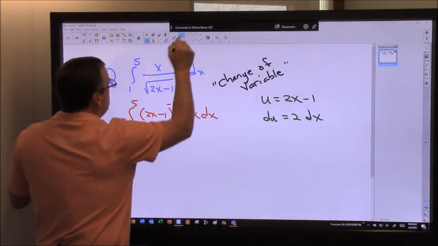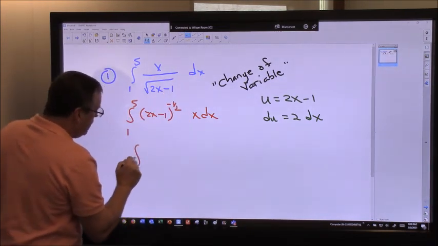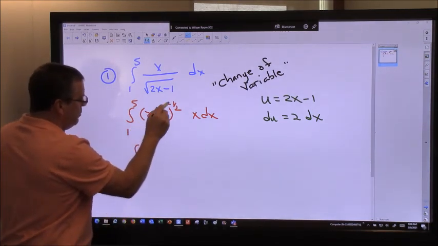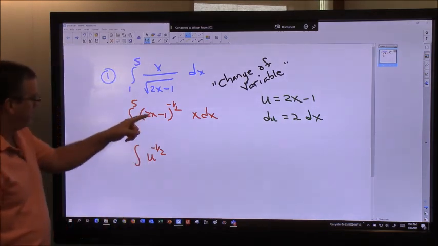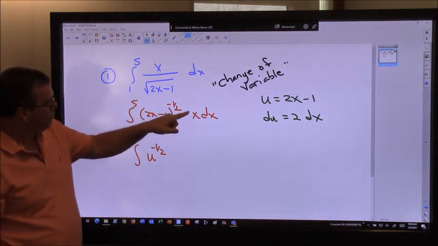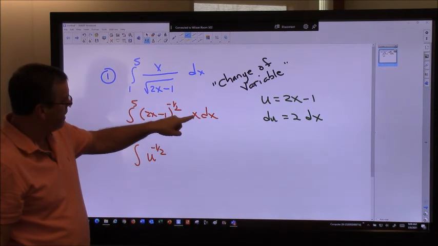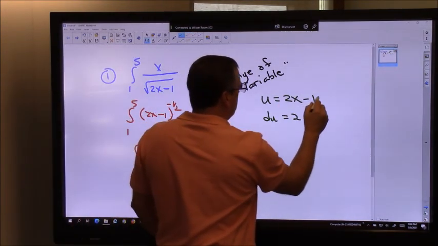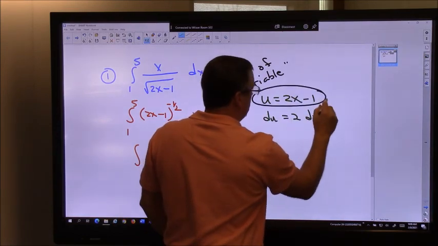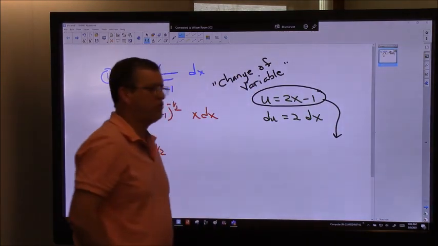In my integral I've got u to the negative 1/2. That part's going to happen. The question is, what am I going to put in place of that x right there? What I need to do is take this right here and solve it for x.